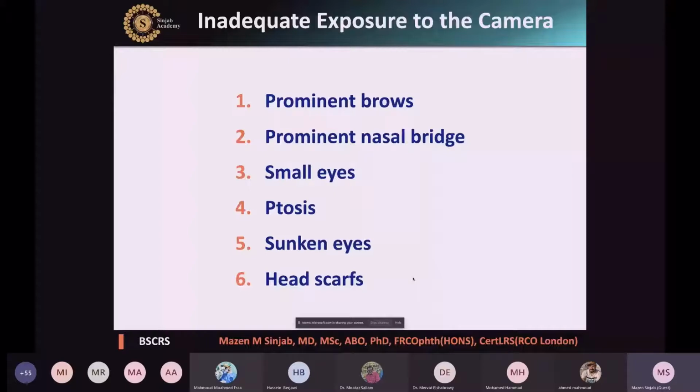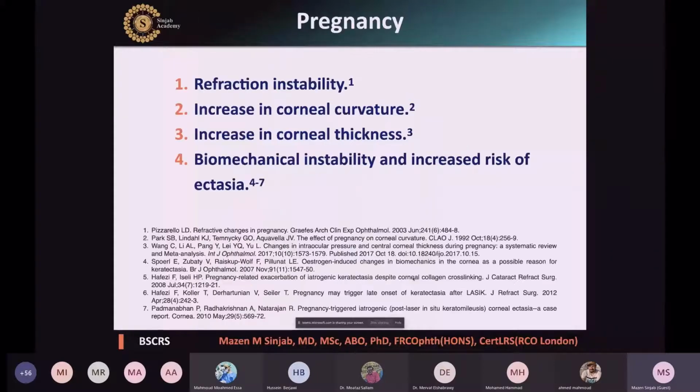Pregnancy is a main source of false positives because of refraction instability, increase in corneal curvature, increase in corneal thickness, and biomechanical instability and increased risk of ectasia. So this is why we cannot make a decision if she is pregnant.